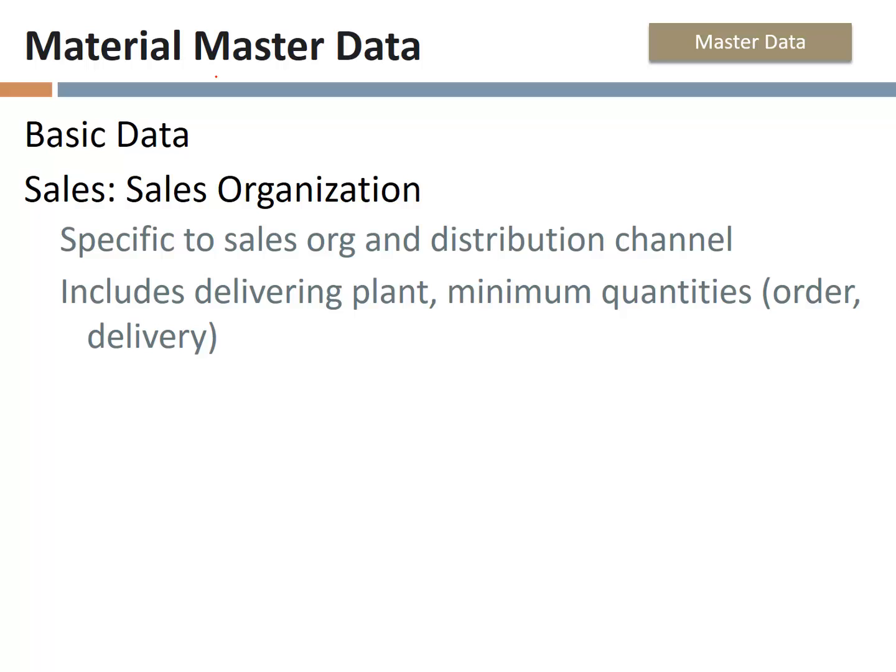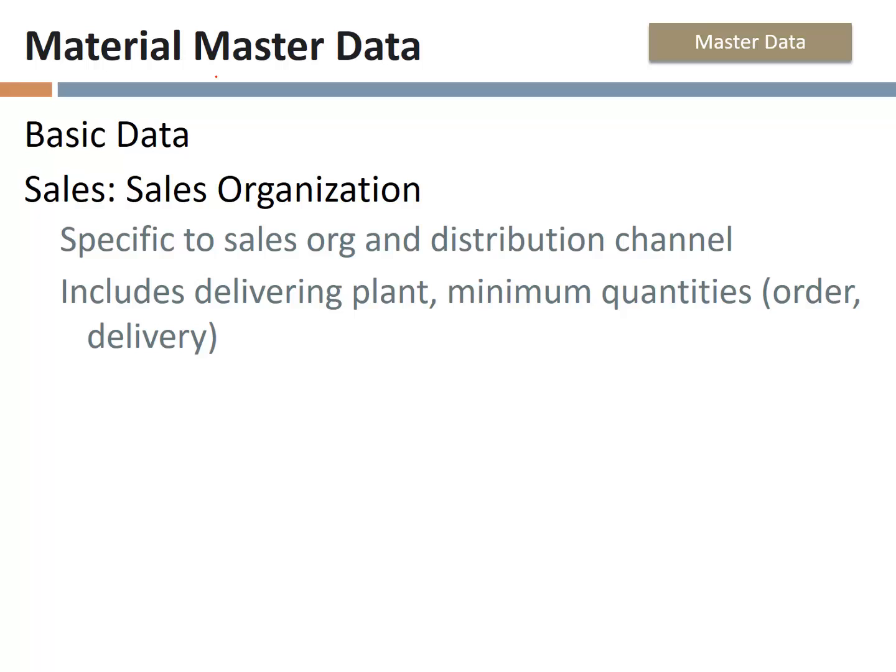Well, on the East Coast, we also sell it by the box, but our equipment's a little bit different. So our boxes on the East Coast only have 15 items in it. Well, this is how we would differentiate that based on the delivering plant, and then we could have rules related to minimum quantities that might be reflective of our packaging, or just the smallest amount we'd want to sell.